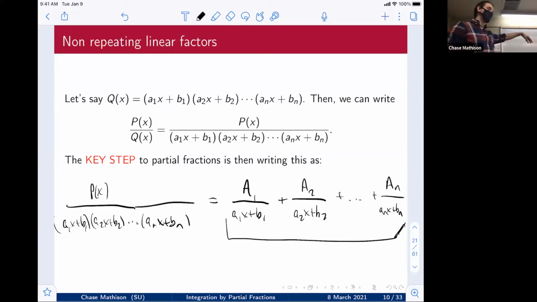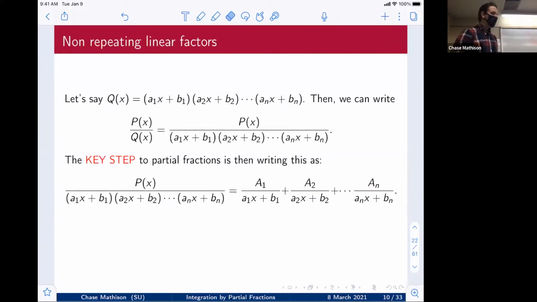If I gave you a big sum of 1 over x plus 1 plus 1 over x plus 2, how would you simplify that? Exactly. You would find a common denominator and then add everything up. If you were to simplify the right-hand side, the common denominator would be this product of functions, A1X plus B1 times A2X plus B2, and so on. So that's why we're justified in making that guess.